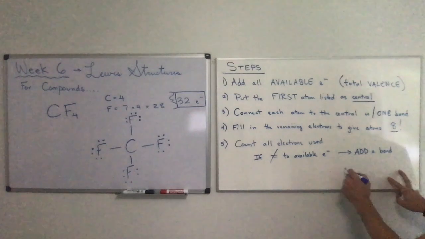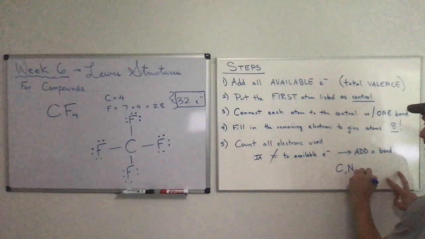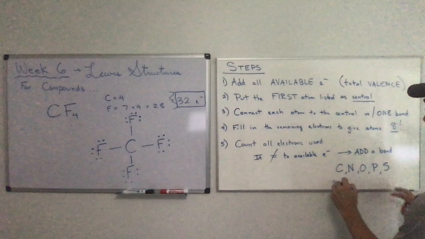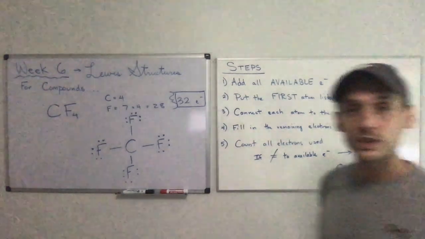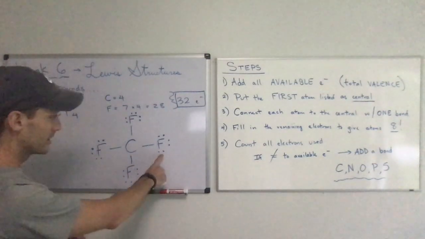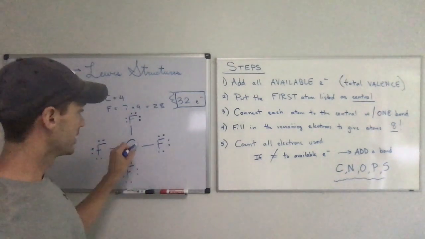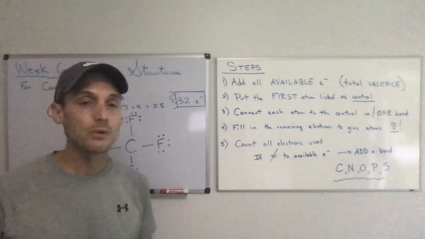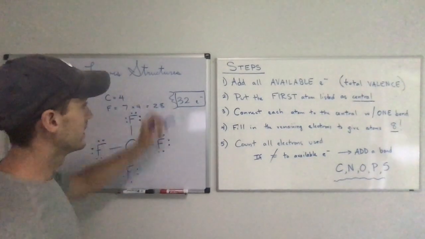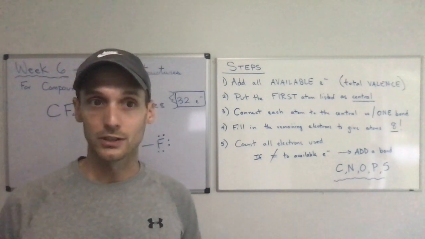So you could only do that between the elements carbon, nitrogen, oxygen, phosphorus, and sulfur. Those are the only elements that you could actually add an extra bond. So notice fluorine is not even on this list. Carbon is, but not fluorine. So we would not be able to add an extra bond here. It's against our rules. And so we're lucky that our available electrons actually added up to the used electrons.